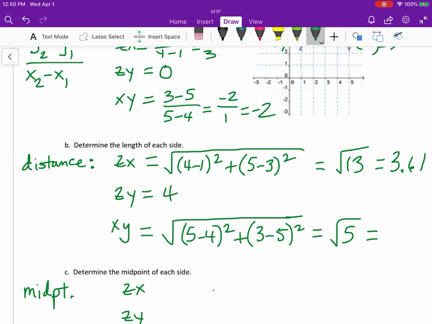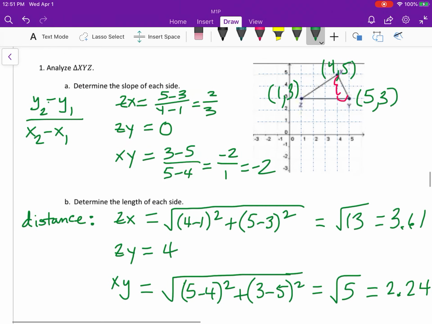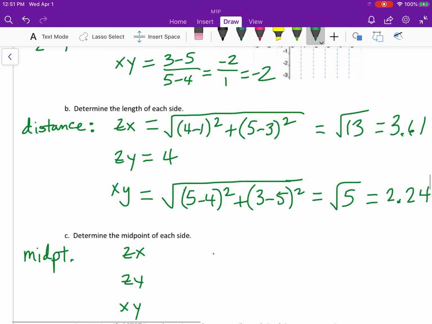And the root of 5 should be about 2.24. I was a little off. I'm not at school. I'm usually closer. So you can tell now there's the length of each side, and all 3 sides are different. So guess what?